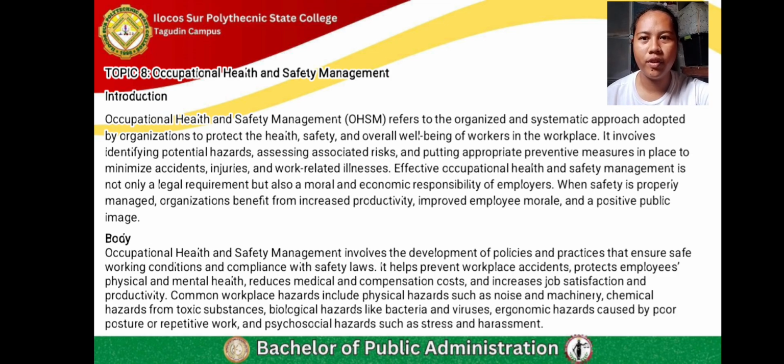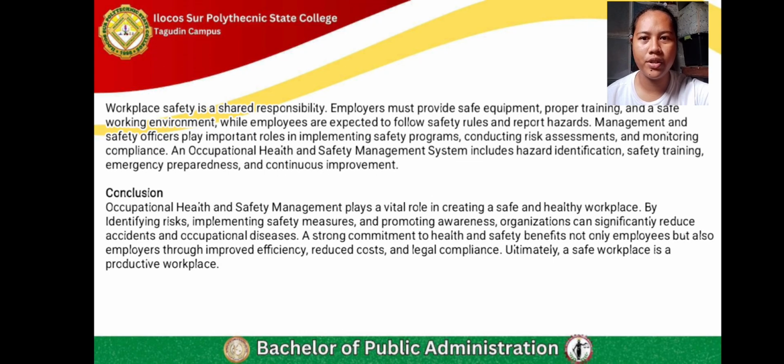Occupational health and safety management ensures safe workplaces through proper policies, training, and hazard control. It prevents injuries, protects health, reduces costs, and improves productivity. Safety is a shared responsibility, supported by risk assessment, emergency planning, and continuous improvement.